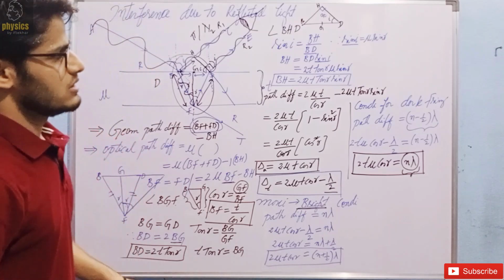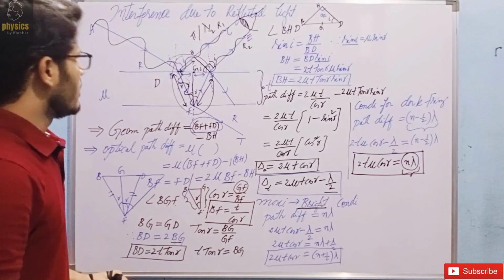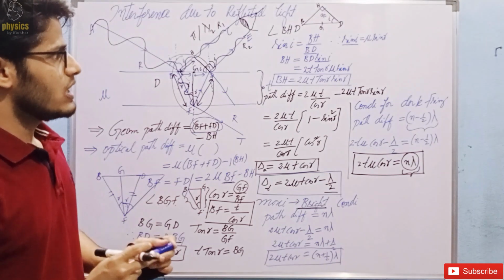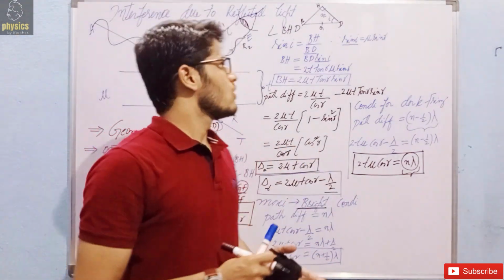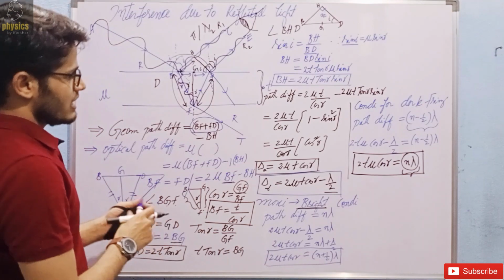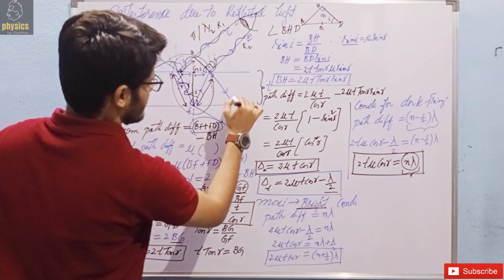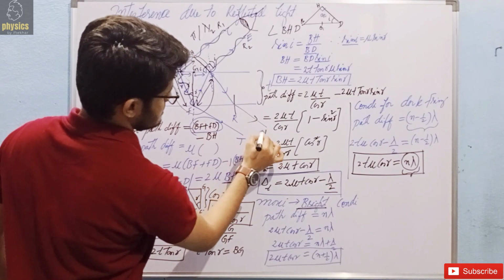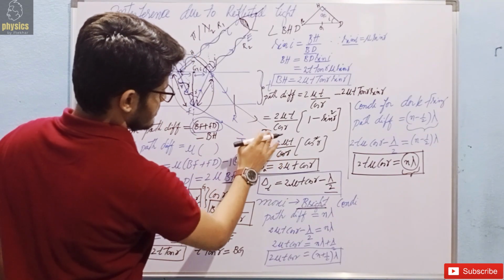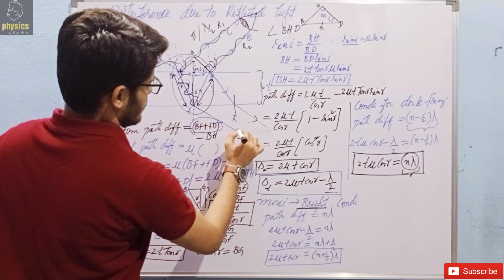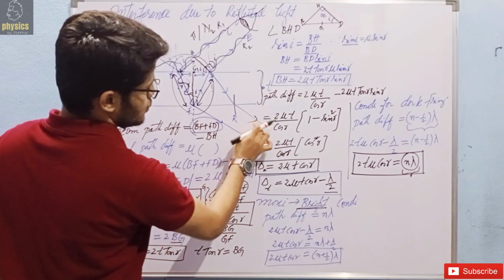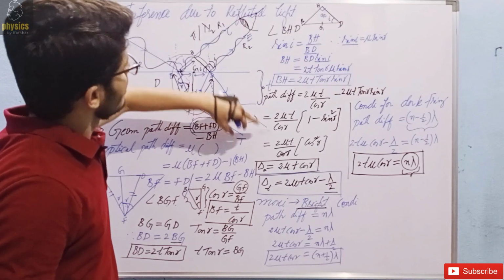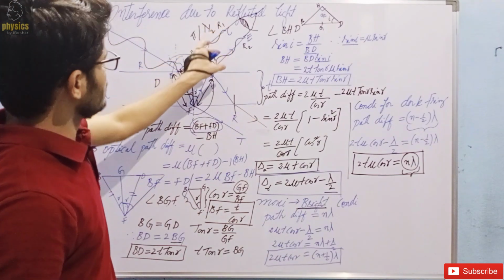Okay, so this was all about interference due to reflected light. Similarly, we will get the interference due to the transmitted light rays. These two transmitted light rays will show you a similar effect as you saw now.